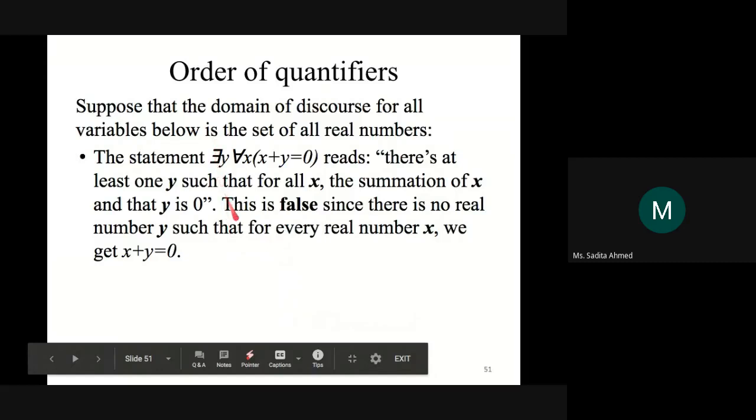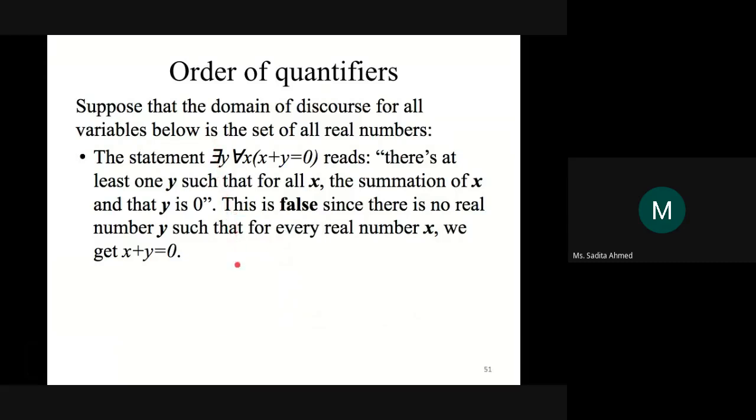So you're saying if we reverse the position of the quantifier, it's going to be for all real numbers x, there exists at least one real number y such that x plus y is equal to 0. That is for all real numbers. What does it mean?